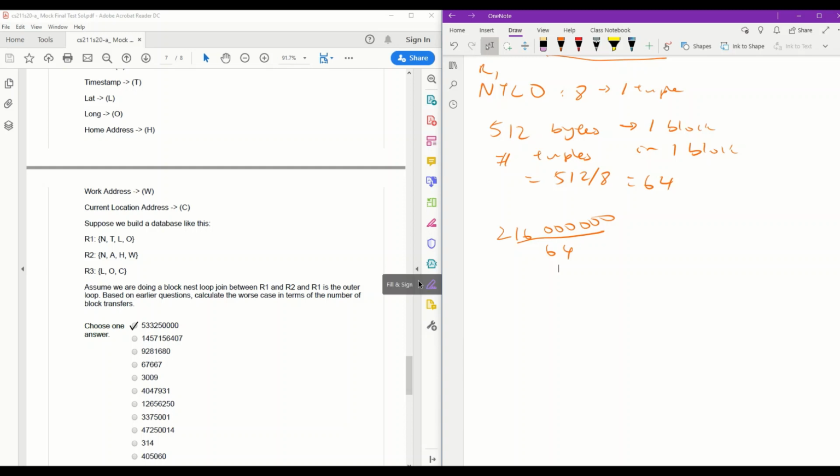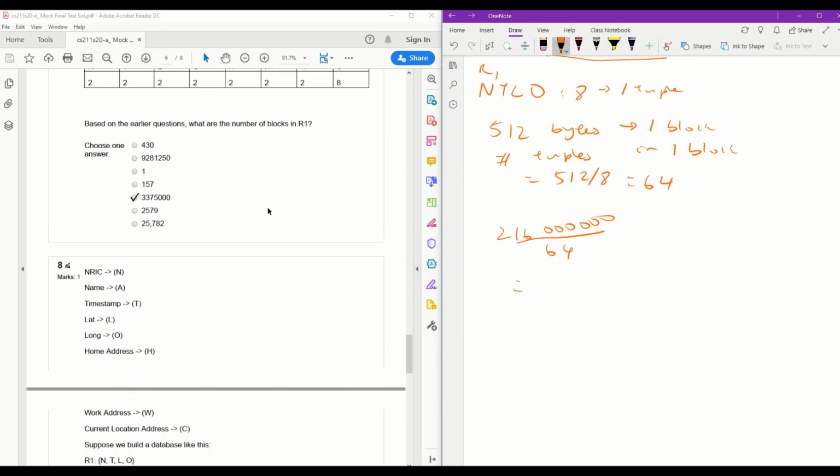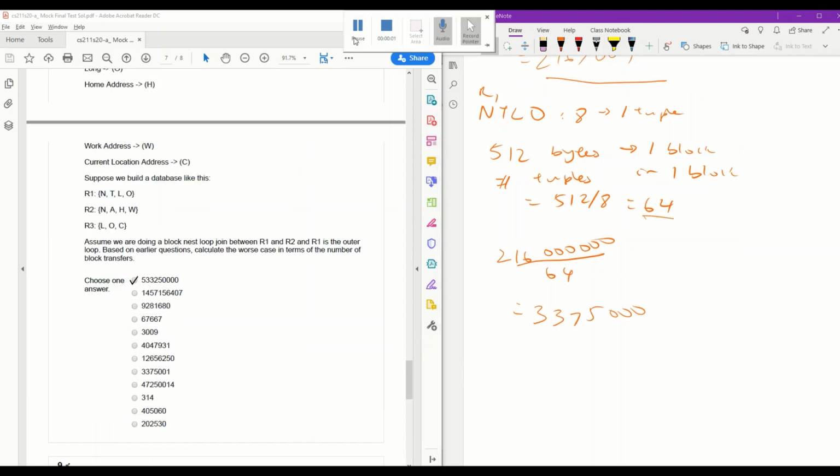So for this, R1 is the outer loop. This is equal to 3,375,000. Now what we really need to do is focus on R2.